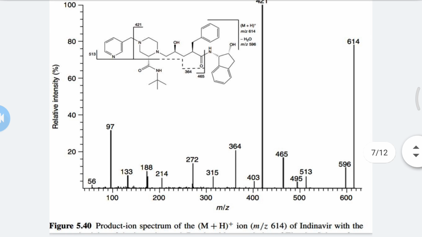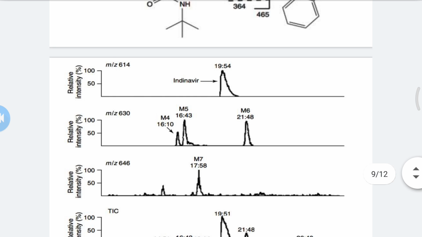614 is its molecular weight, but the increase to 613 is for monohydrated or monohydroxyl metabolites. These are not shown in this graph, but these are shown in this graph.